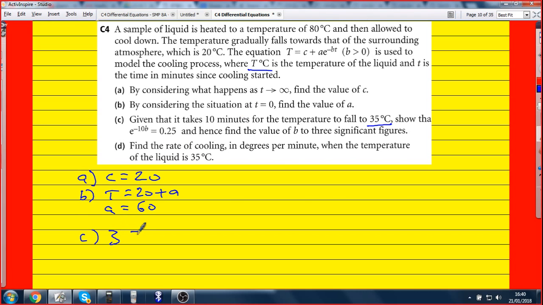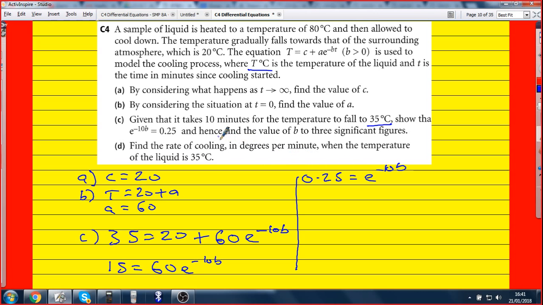Okay, I was just making sure. Minus 10b. Yep.